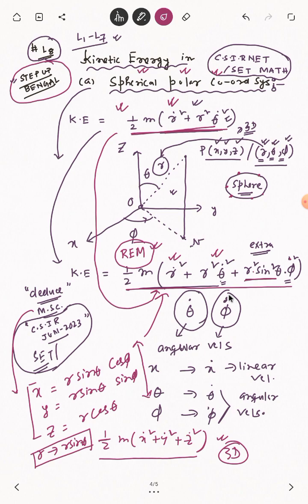Now take a look at one thing. If this r is constant and say this is a, then this expression looks like a very simple expression, because if r equal to a equal to constant, then r dot will be 0, and here we have half into m into, this portion is 0, the next portion becomes a square theta dot square, and finally a square sine square theta into phi dot square.